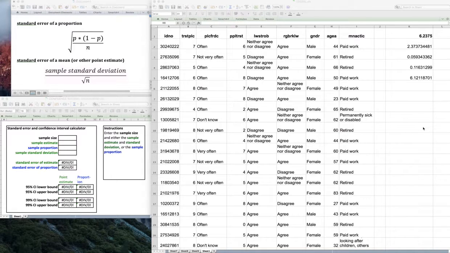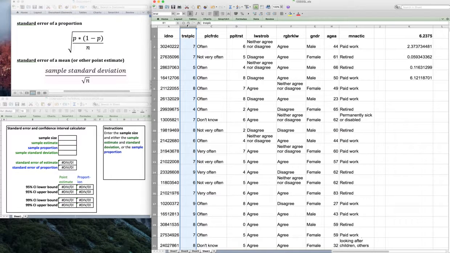And below that I've got the confidence interval calculator, and I'll just briefly show you how to use that as well.